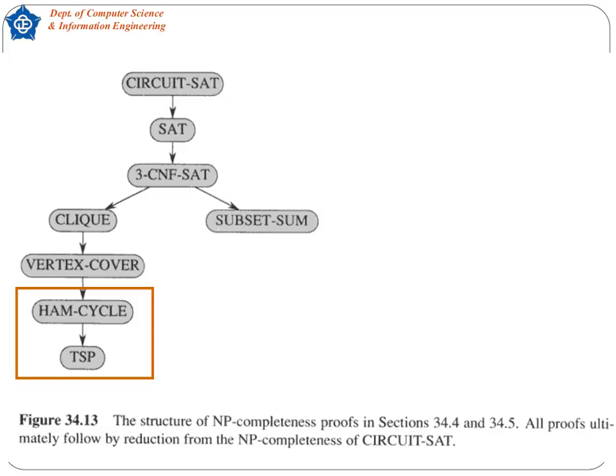Let's zoom in on the clique branch. From clique, we next reduce to vertex cover, then to Ham cycle, and finally to the traveling salesman problem. The highlighted portion here shows our last step, proving TSP is NP-complete by a reduction from the Hamiltonian cycle problem. Remember, every one of these NP-completeness proofs ultimately traces all the way back to circuit SAT.